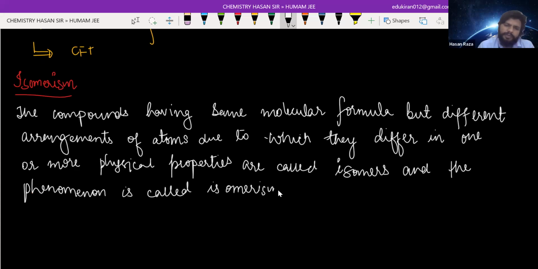So very simple it is. Same molecular formula but different arrangement of atoms, due to which they have different properties. They differ in one or more physical properties and are called isomers, and this phenomenon is known as isomerism. Please do write it, then let me know.